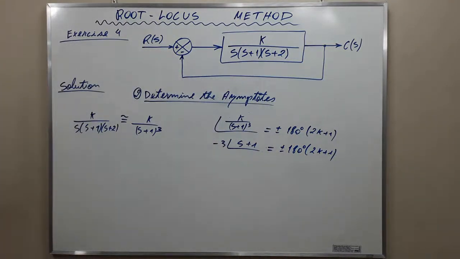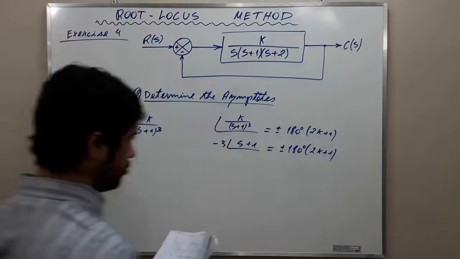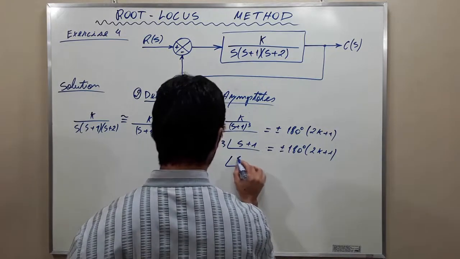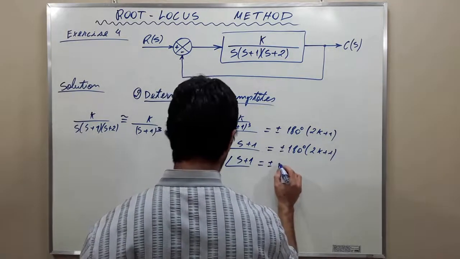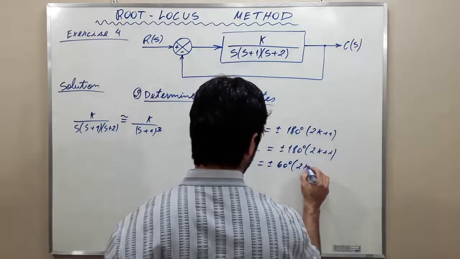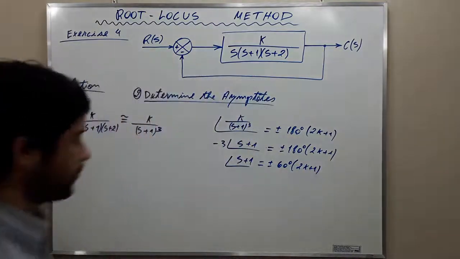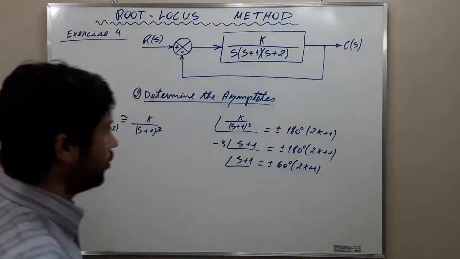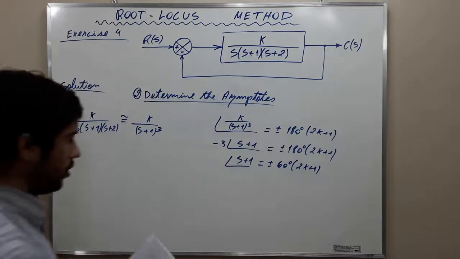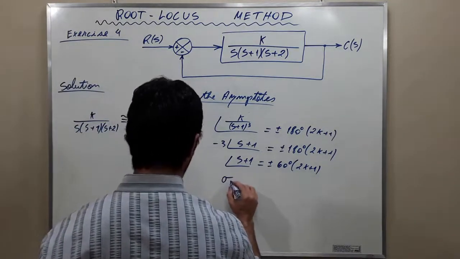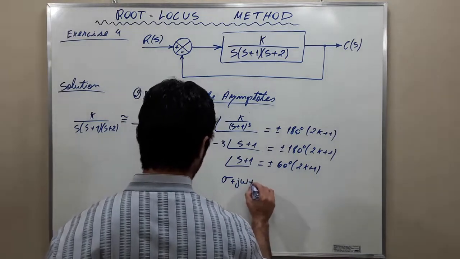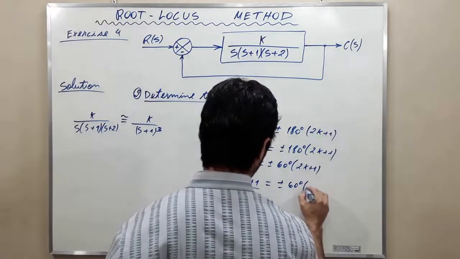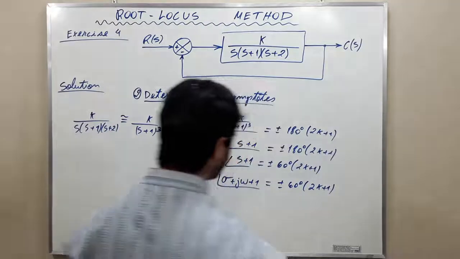Which leads to the angle of s plus 1 equal to plus minus 60 degrees (2k plus 1). Now, if we substitute again s by sigma plus jw, we get that the angle of sigma plus jw plus 1 equals plus minus 60 degrees (2k plus 1).